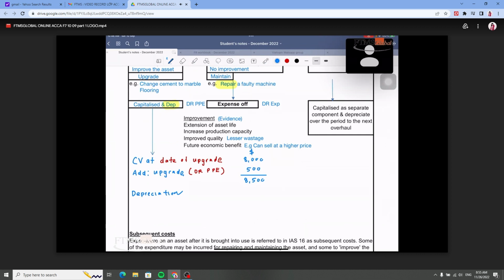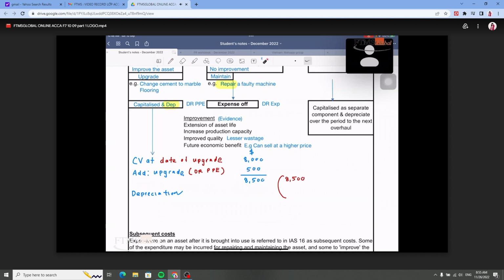If there's an upgrade, the depreciation will be calculated based on what you see on the screen now. Instead of using cost, I will use this 8,500, which of course is from here.